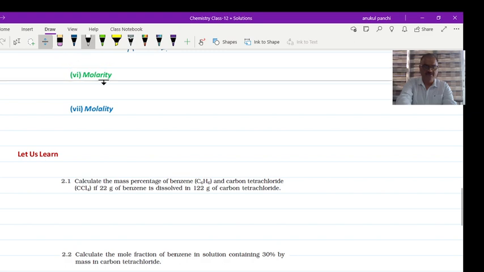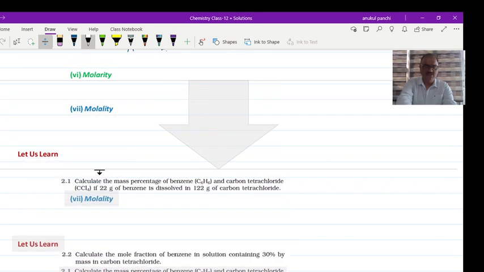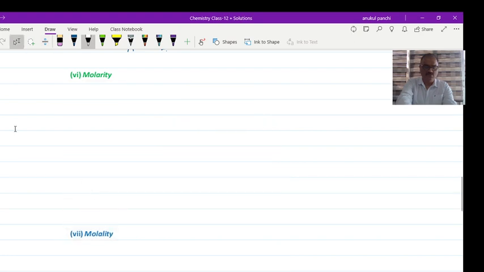What is molarity? As the name suggests, it is concerned with moles also. So molarity is actually the number of moles of solute, or you can say the component which is in lesser amount, dissolved per liter of solution. Okay, so what is molarity?